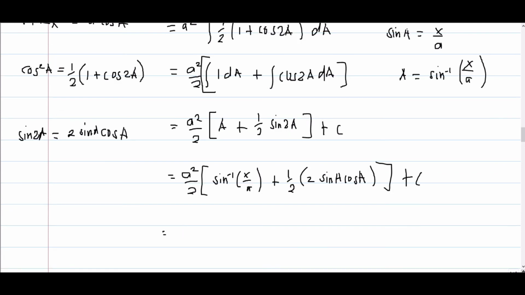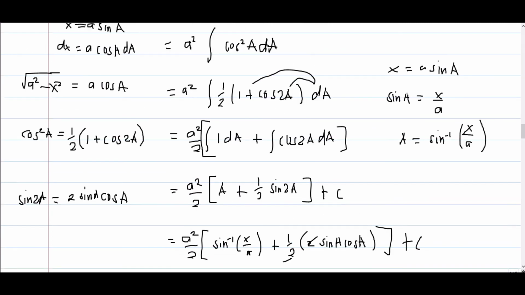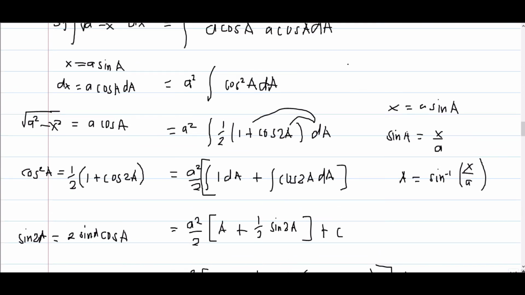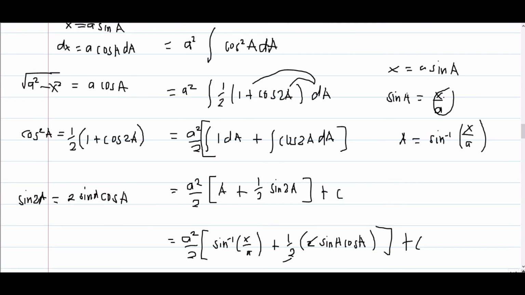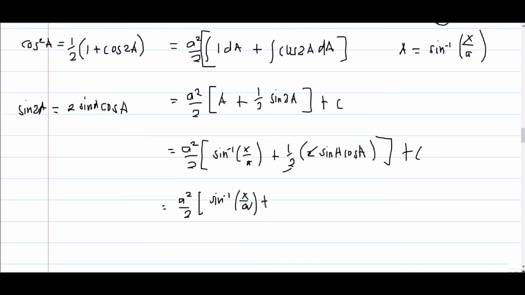To finalize the answer, a squared over 2, then we have sine inverse x over a, then plus, we can cancel 2 here. So the equivalent of sine θ is x over a, and cosine θ is the square root of a squared minus x squared, over a.